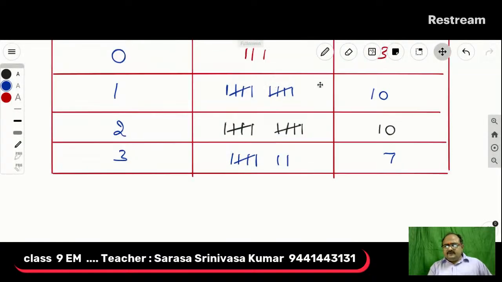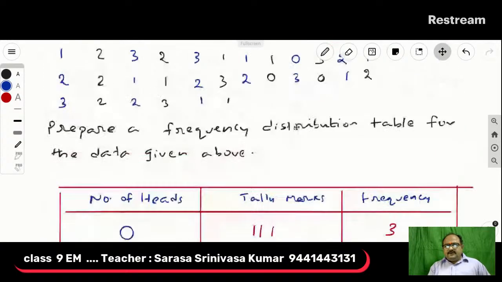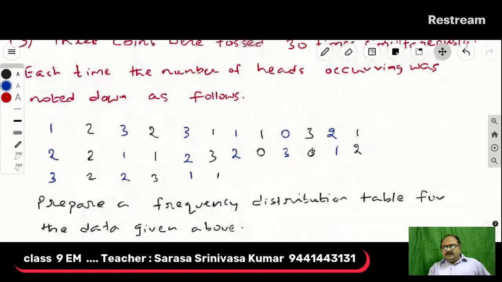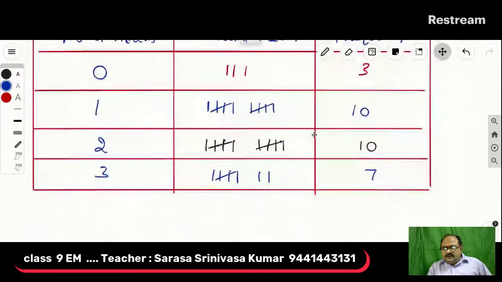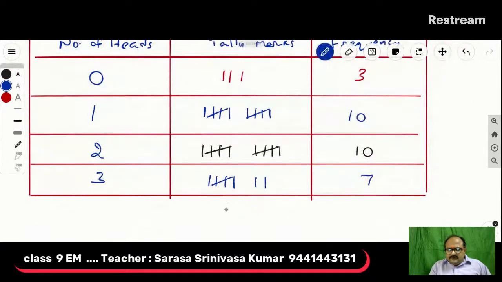So let us observe this problem again. Here we should add all these values. If we get 30, then only we should write here total. 10 plus 3, 13. 13 plus 10, 23. 23 plus 7, 30.